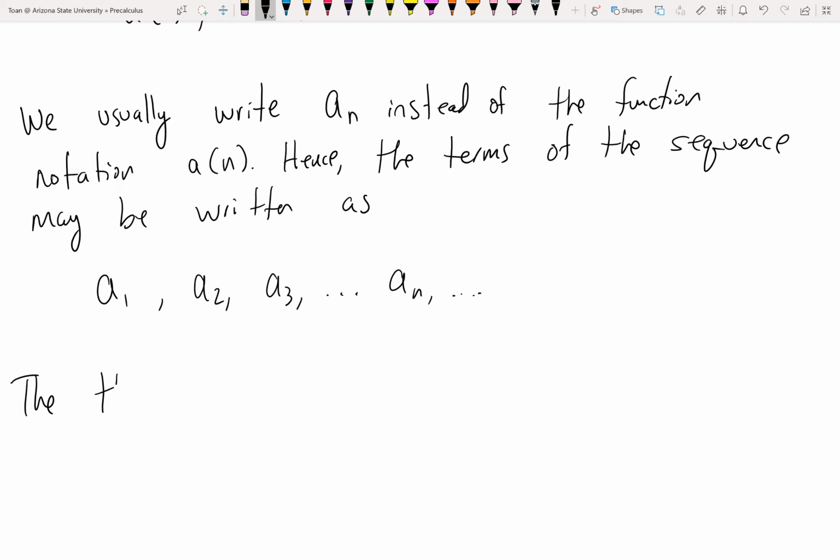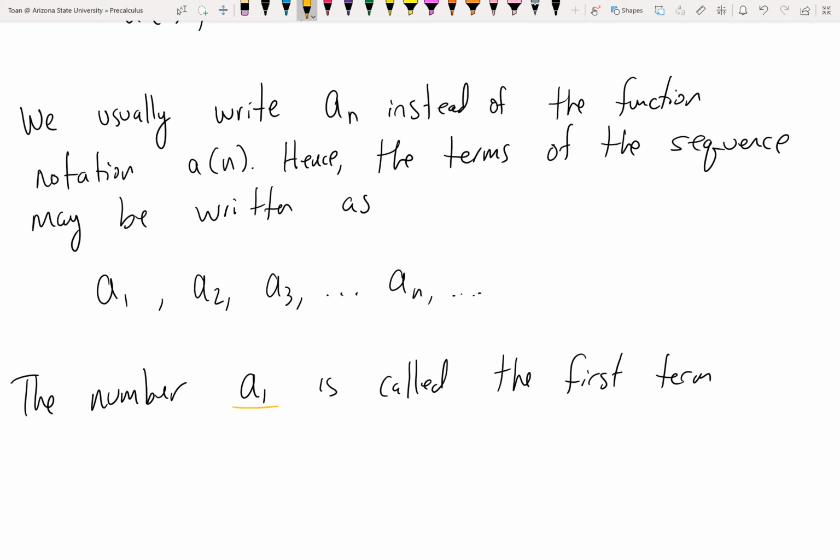So the number a sub 1 is called, not surprisingly, the first term. A sub 2 is called the second term. Not surprising.